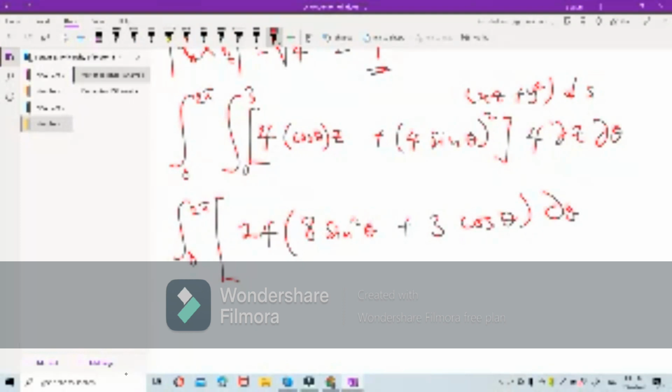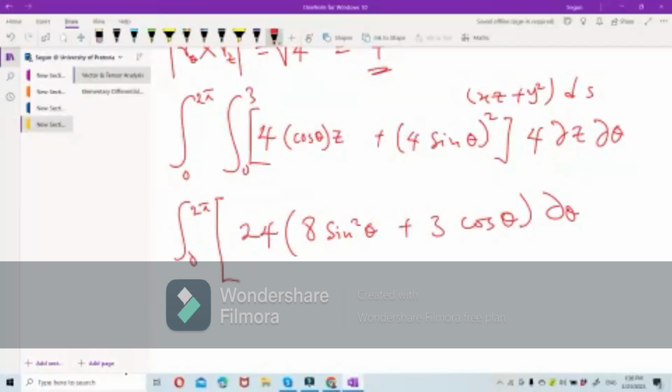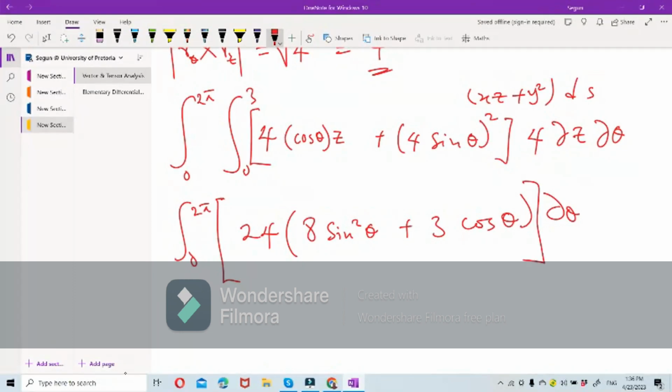I know you asked a question: where do you get all this? It is very simple. Remember, in this case, why do I choose this? Because I know that the only thing that can save my head here is to first of all substitute 0 and 3.